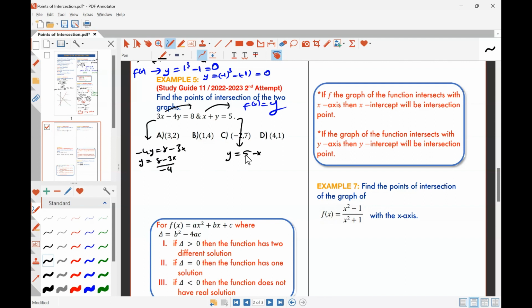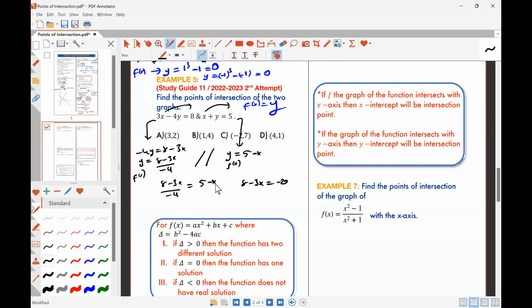Okay, I can equalize them. This is like f of x, and this is like g of x, and I should be equalizing them. So this equals this. On the left, I have 8 minus 3x over negative 4. On the right, 5 minus x. I will solve for x. So let's do cross product. 8 minus 3x equals negative 4 by 5, negative 20.